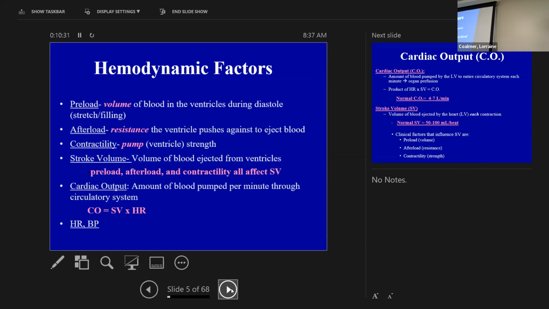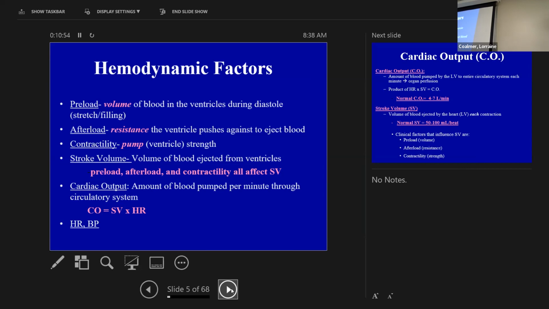So what do you anticipate this low afterload patient's blood pressure being? There's no tone. So the pressure is 60 over 40. Versus 300 over 160, high blood pressure. Do you guys see that?